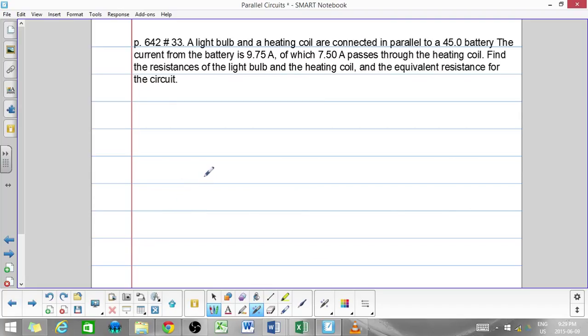Here we have a parallel circuit with a light bulb and a heating coil. And this is another one where your text likes you to read the question and draw the circuit.